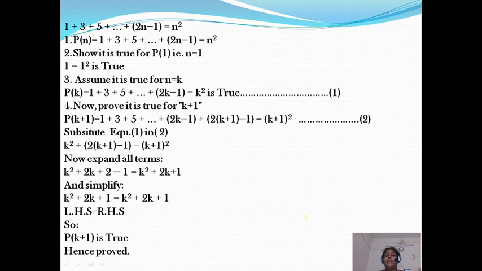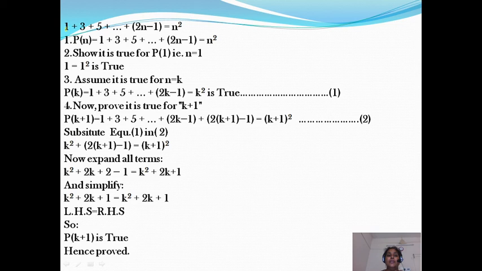In mathematical induction or proof by induction, the question given is called P of n. That is the first concept. Look at the question.